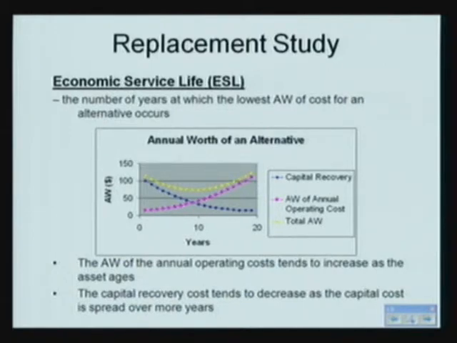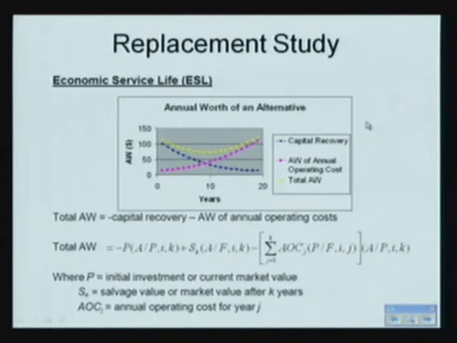You may get nothing for it, but in general, the capital recovery is just a little over $1,000 a year. So that's the idea in a pictorial diagram of where the economic service life is, and it's at the lowest point of that total cost curve. The next slide should give you a way of putting this into engineering economy formula terms.